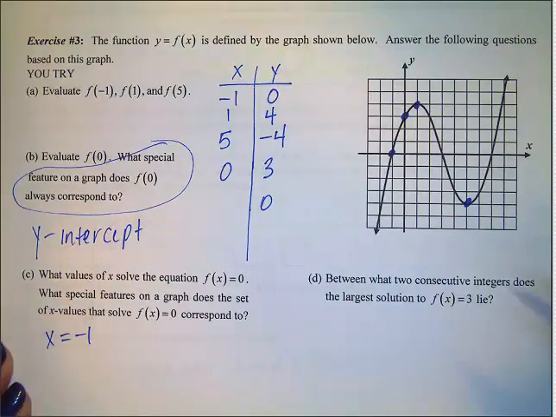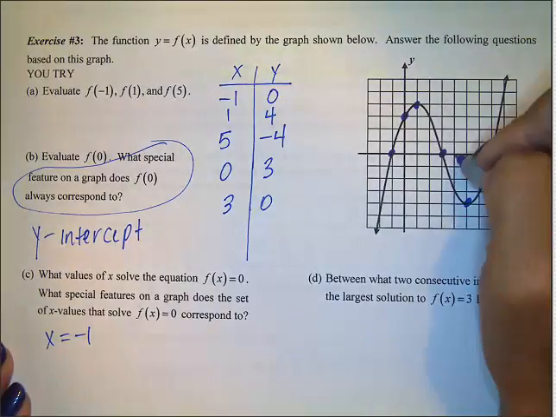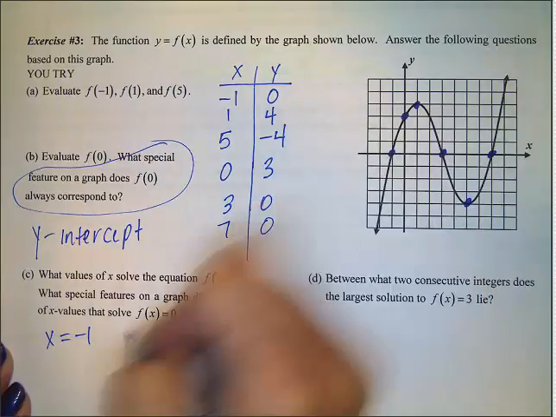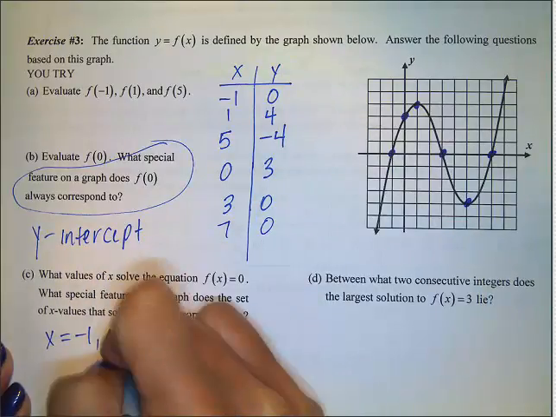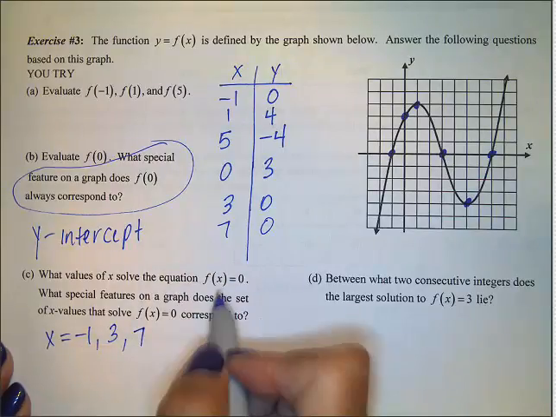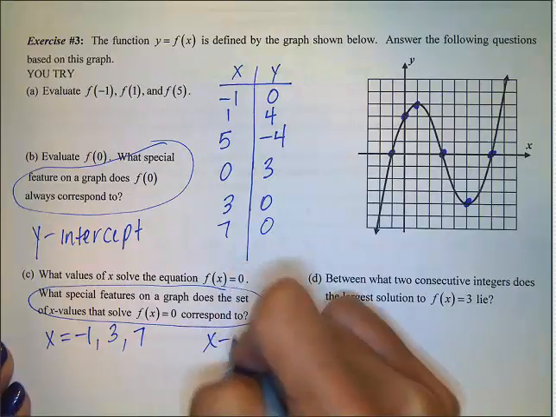Now we're going to look, oh, here's another one, 3. And here's another one, 7. So x equals -1 or +3 or +7. And what does that correspond to? Well, if the y value is 0, that's the x-intercept.